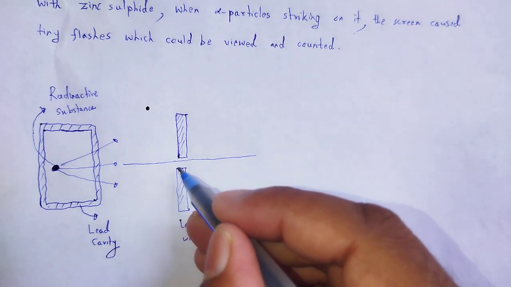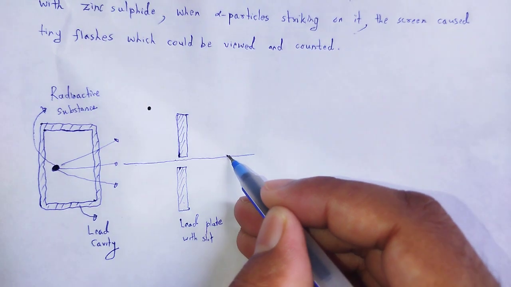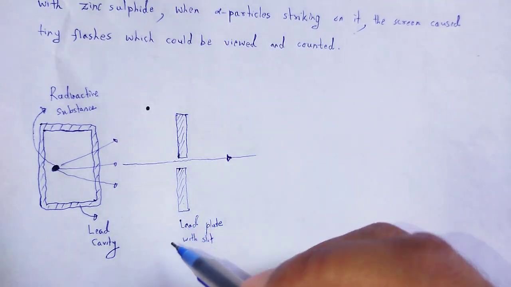So, alpha particles pass through that lead plate slit.